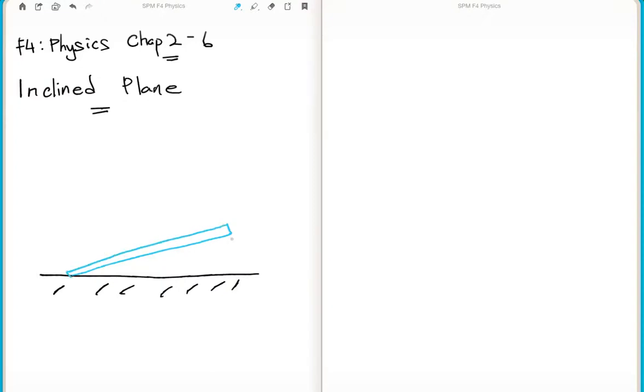Then I will have a stand holder or a jack. You're able to jack it up and down accordingly. Now what happens when this jack goes up or down?